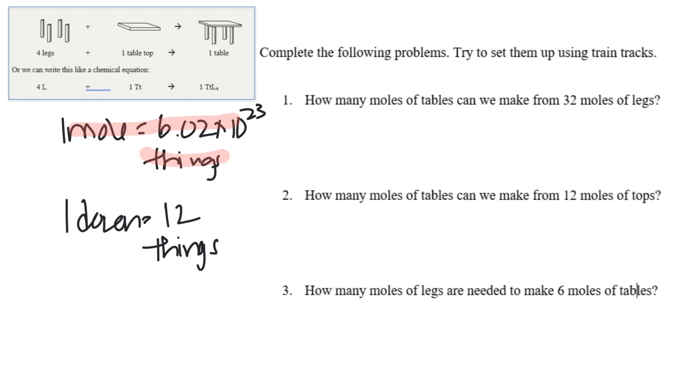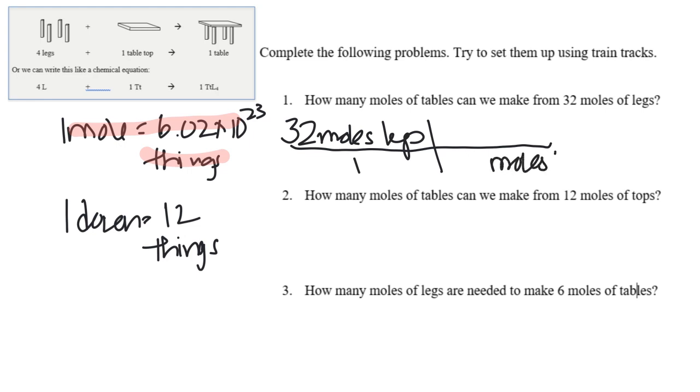It's no different than saying we have 32 legs. The relationship is the same. So we're going to start with our number and unit. So we have 32 moles of legs, and we put it over 1. Moles of legs comes down, and moles of tables comes to the top.